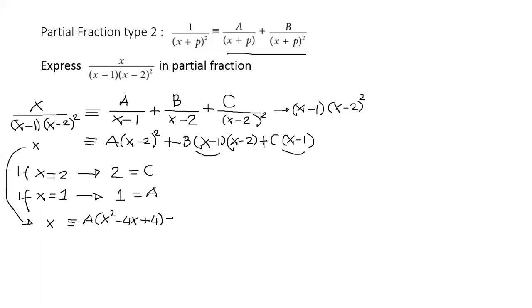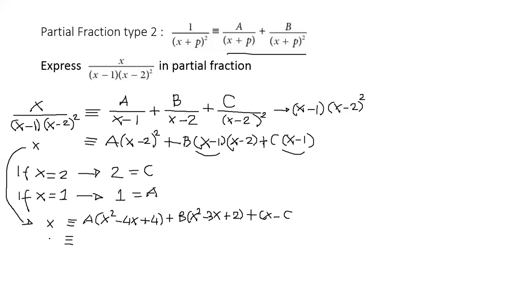And afterwards, plus b times x squared, because x times x, and then negative 1 minus 2 becomes negative 3x plus 2, plus cx minus c.